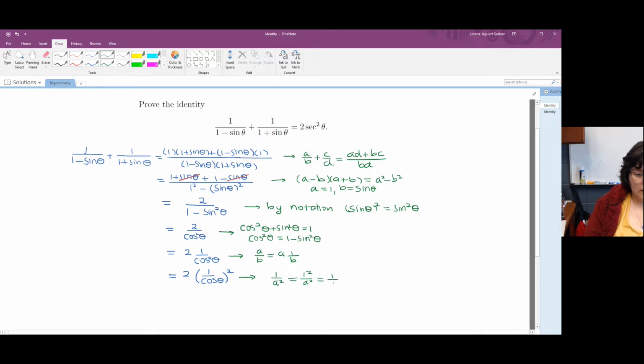That's 1 over quantity, all that squared. And then because 1 over cosine is exactly what secant is, we're thinking of taking the secant of theta and then squaring it. So here we have used that secant of theta is the reciprocal of cosine of theta.